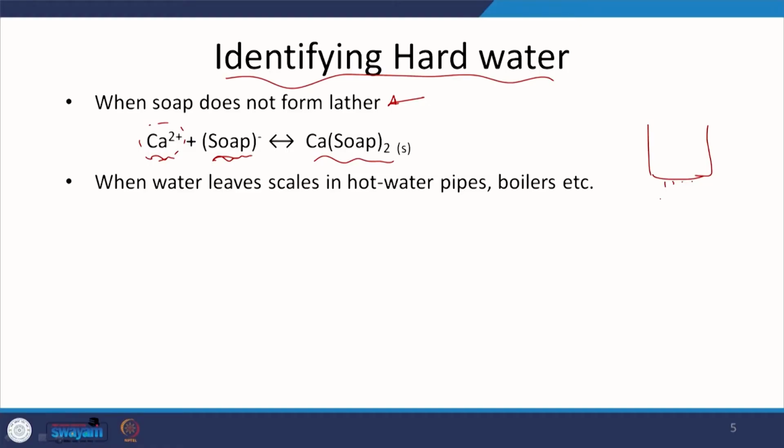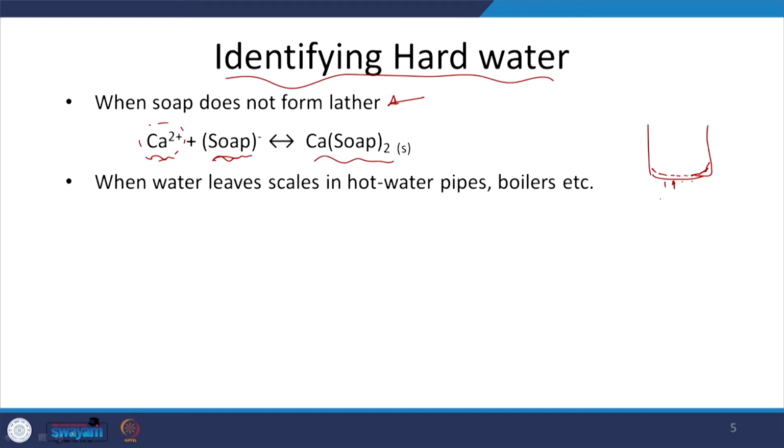Then after some time you would have seen scales being formed along the sides of the container, and you would see that over time relatively more energy has to be put in to heat the water up by the same amount of temperature. So, for the same temperature change you need to heat it for a lot more time. So, you are putting in more energy per change in temperature.